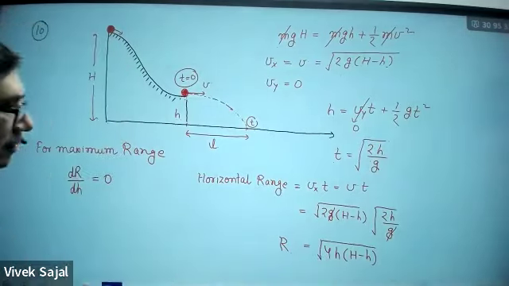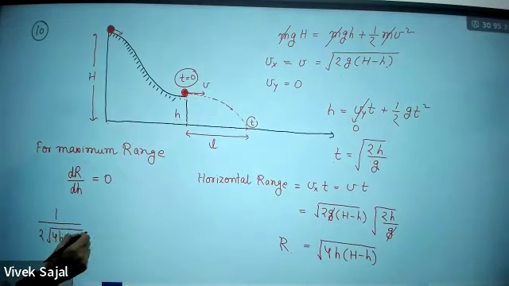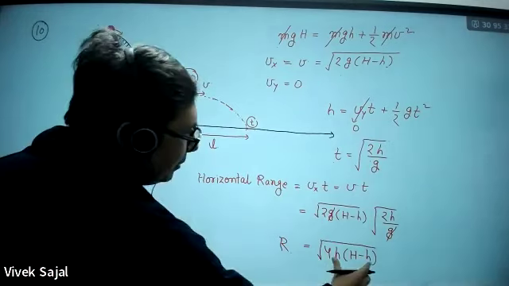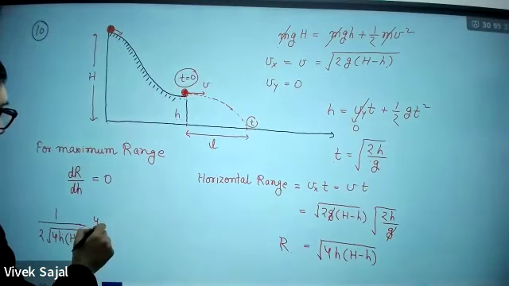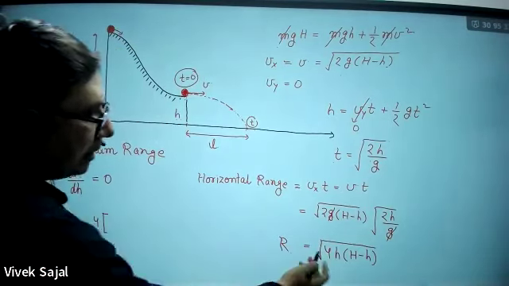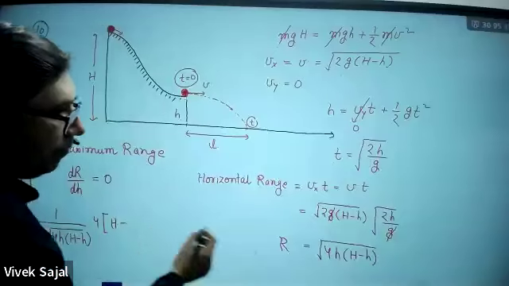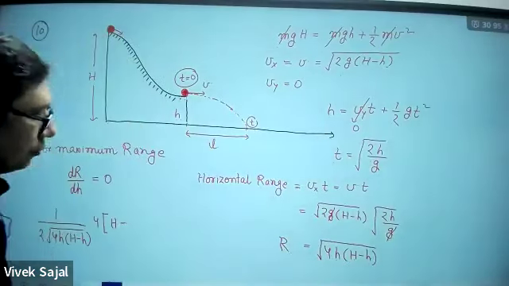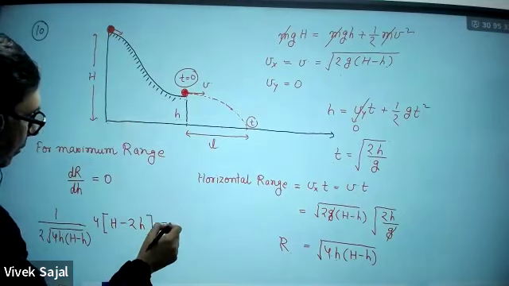If you differentiate this, this will be 1 upon 2 times square root of 4h(H minus h), and when you differentiate the term inside, this will be 4 times (H minus 2h), and this will be equal to 0.